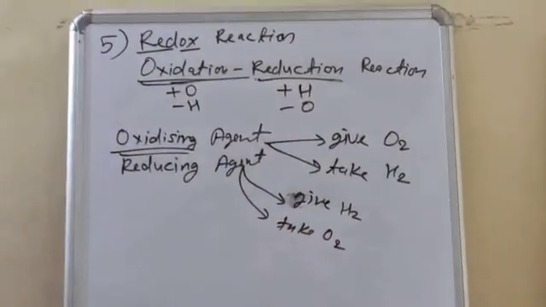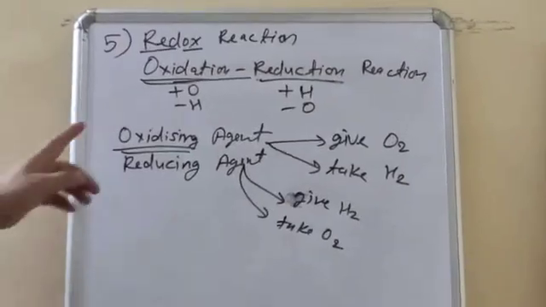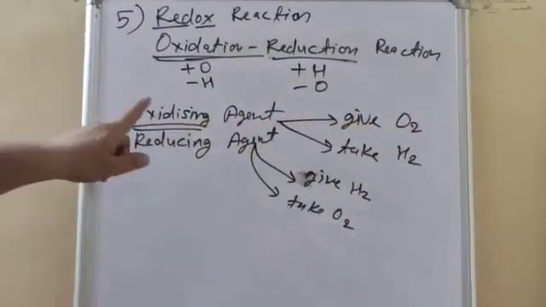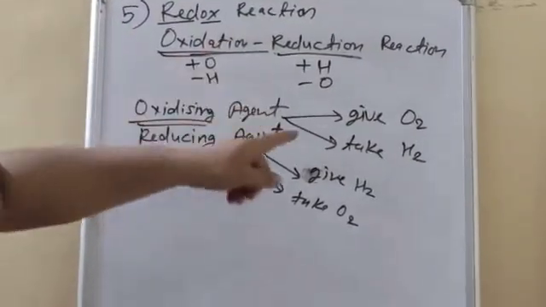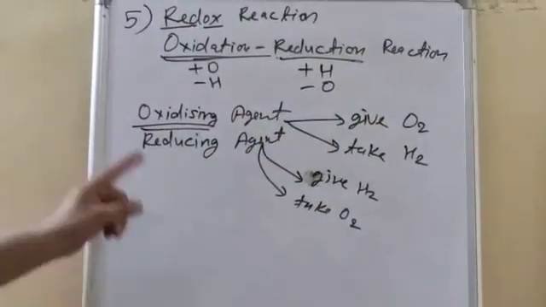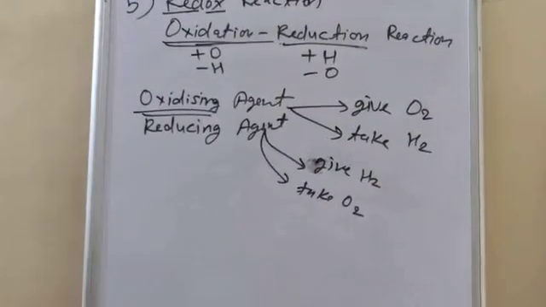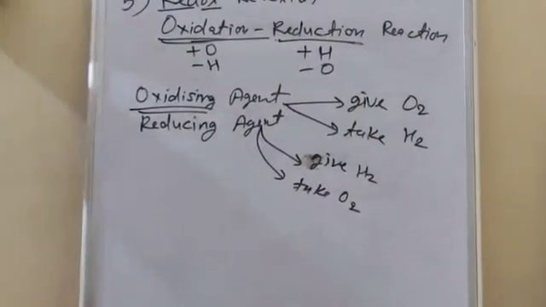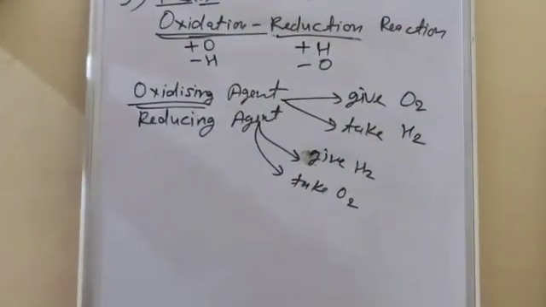Okay, I will explain by example. Simply, an oxidizing agent is an agent which gives oxygen, or an agent which takes hydrogen. A reducing agent is an agent which gives hydrogen or takes oxygen.